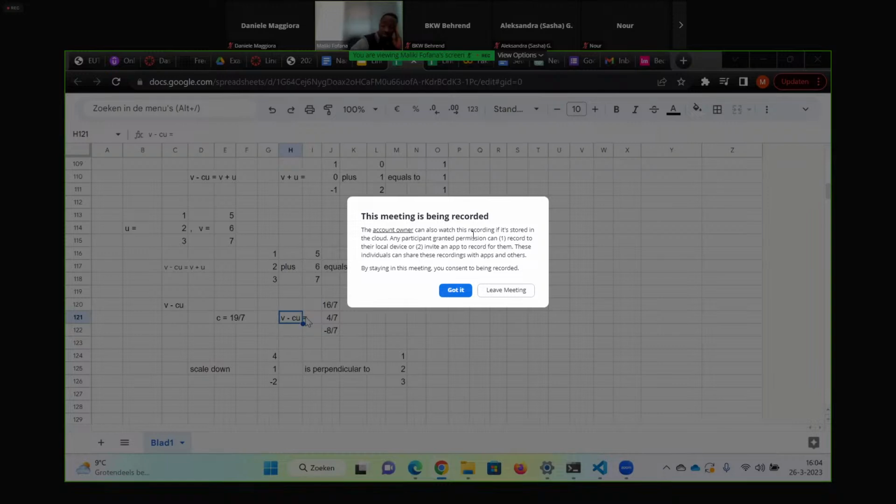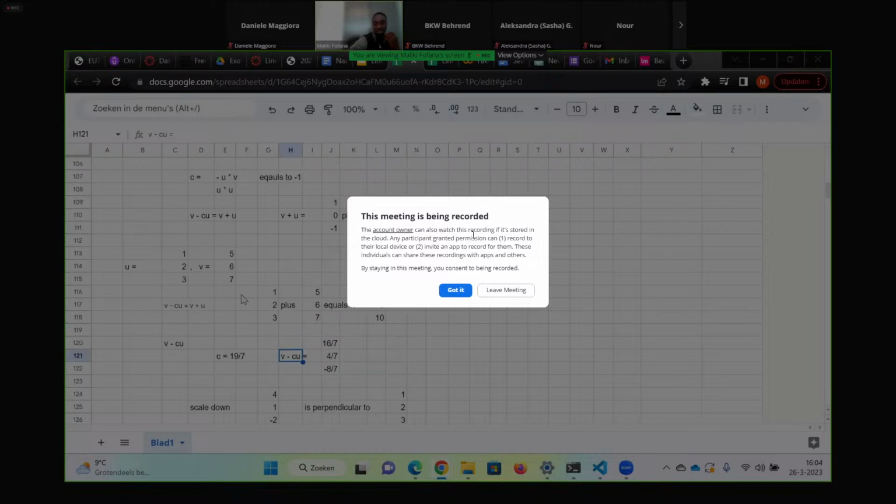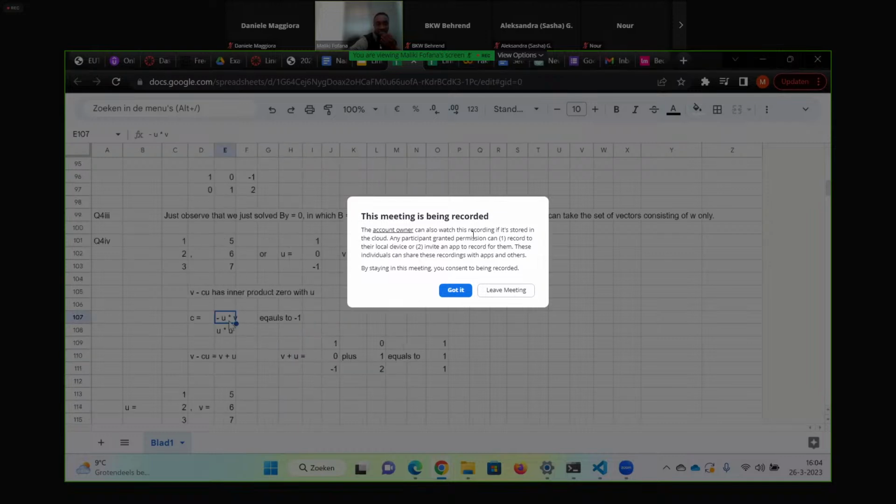I can say v equals c u, and then I can also move the u to the other side and still have c. So it depends, and if you compute it, it shouldn't be negative. It should be positive. And I said this equals -1. But what I also just, let me go back to, but I showed you.